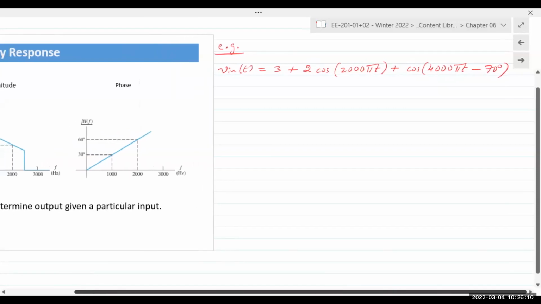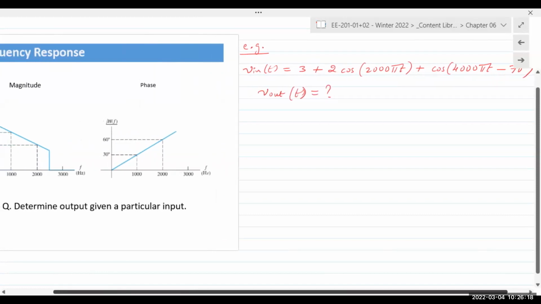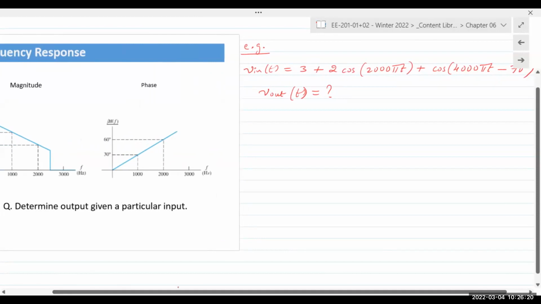That is V in of t, and we are asked to find V out of t.